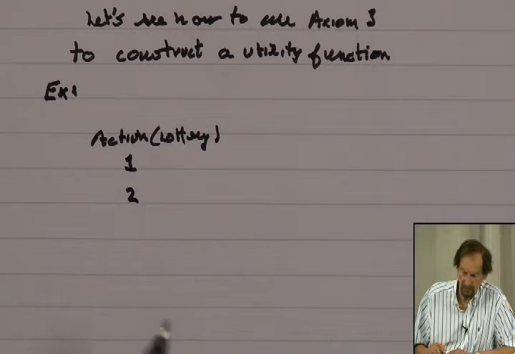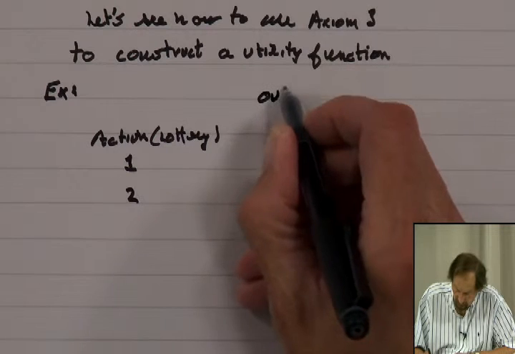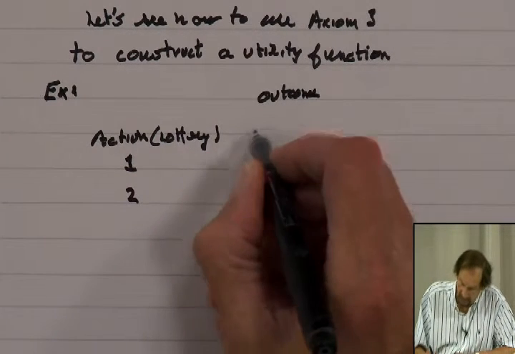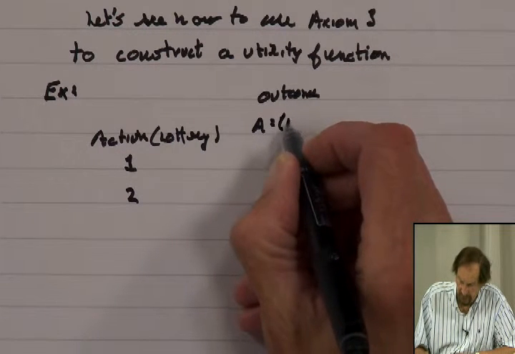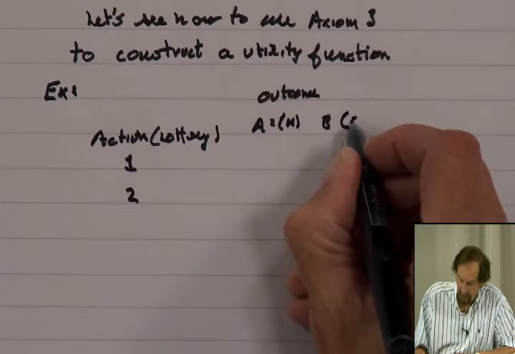We had 2 possible lotteries. And an outcome, we had A and B, and we could say A equals heads and B equals tails.